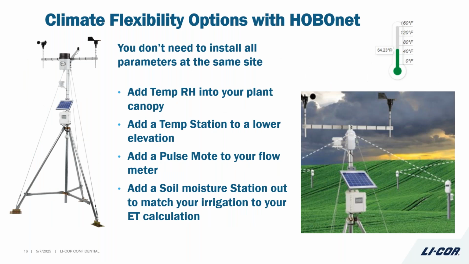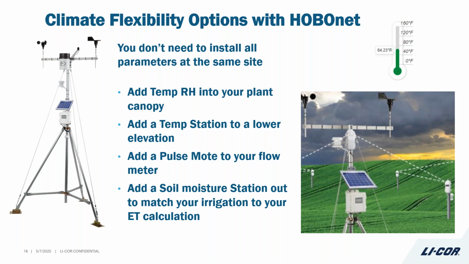So one of the things that really describes the HoboNet wireless setup really well is flexibility, right? You're able to be flexible about your climate options, and not all your parameters need to be at the same site. We do have, as you can see on the picture on the left-hand side, a wonderful tripod that people should utilize when you're setting up a weather station.